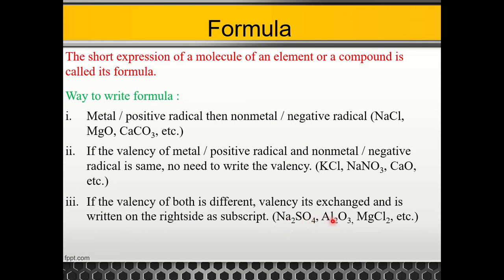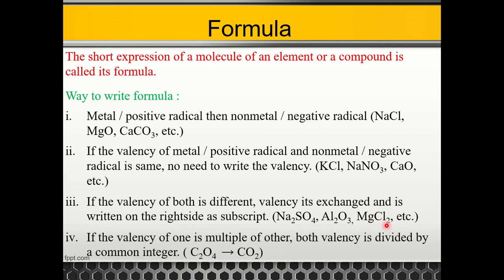Aluminium oxide, the valency of aluminium is 3, so it is written after oxygen, and the valency of oxygen is 2, it is written as the subscript of aluminium. Magnesium chloride, the valency of magnesium is 2, so it is written after chlorine.